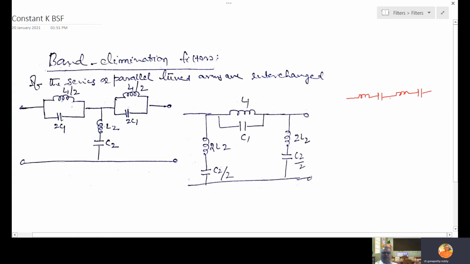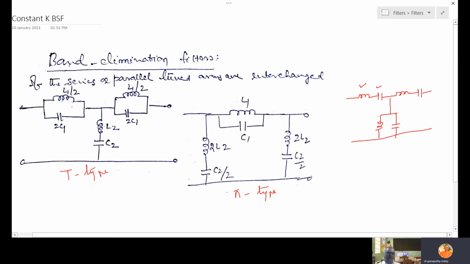this is what we showed for band pass. Here the shunt arm is parallel. Now the shunt becomes series, L1 by 2, 2C1. Then the series inductor and capacitor is shifted to parallel, so L2, C2. That is the only change. This is T type, and this one is pi type.